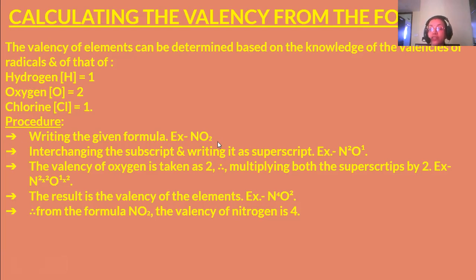While interchanging, we write the subscripts as superscripts, that is N2O1. Now the valency of oxygen is taken as 2, and multiplying both by 2, we get N4 and O2. So the result is the valency of the elements: N has valency 4 and O has valency 2. Therefore, from the formula NO2, the valency of nitrogen is 4 and oxygen is 2.